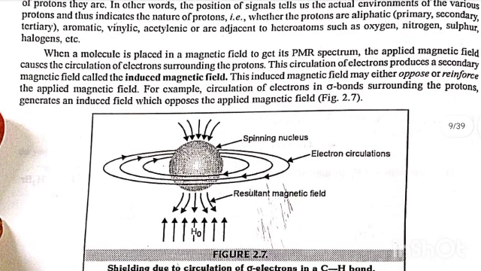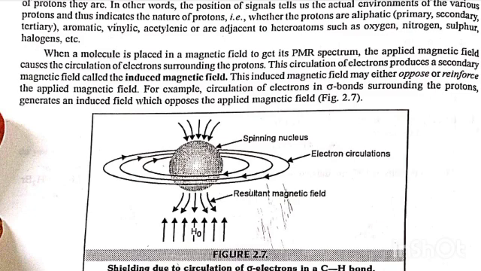When a molecule is placed in a magnetic field to get its PMR spectrum, the applied magnetic field causes the circulation of electrons surrounding the protons. The circulation of electrons produces a secondary magnetic field called the induced magnetic field. This induced magnetic field may either oppose or reinforce the applied magnetic field.